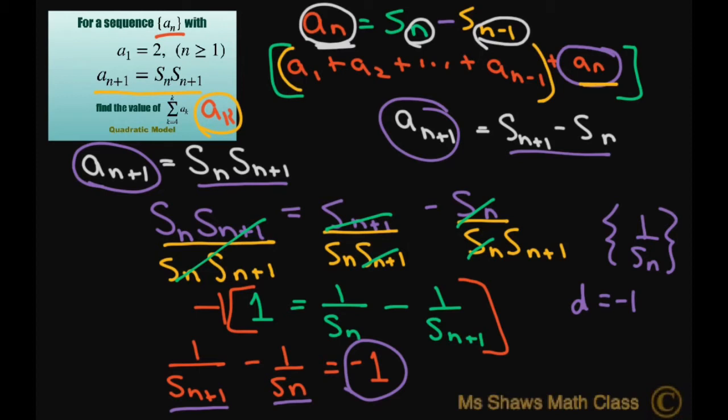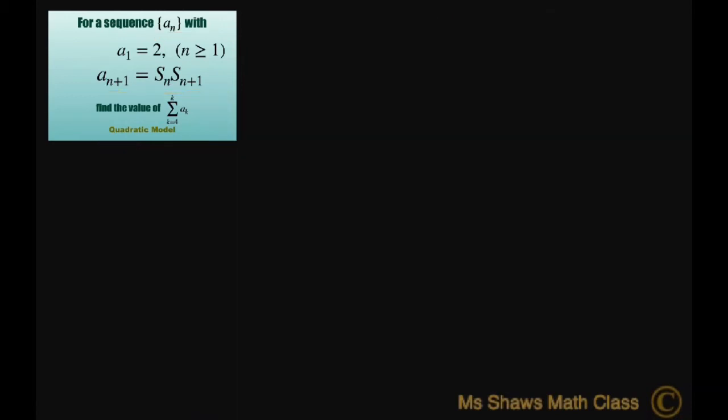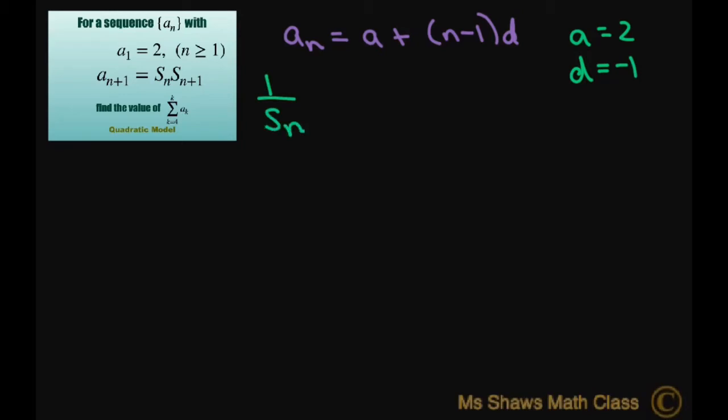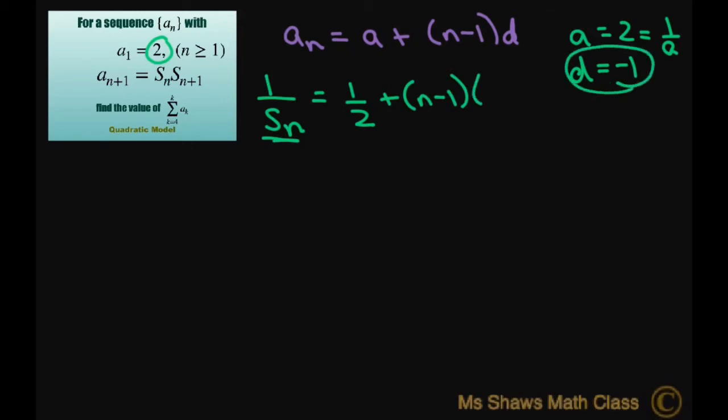All right, and I think I forgot to put the formula up, but I'll put it up. Since we have the formula a sub n equals your first term plus n minus 1 times d, and our first term is given as 2 and our common difference is negative 1, this is going to give me 1 divided by s sub n equals, my first term is 1/2, because we're doing 1 divided by s, and then plus n minus 1 times the common difference, negative 1.